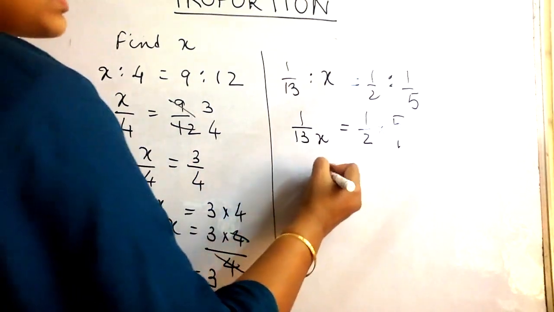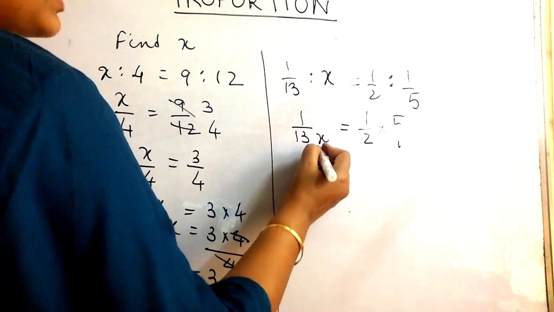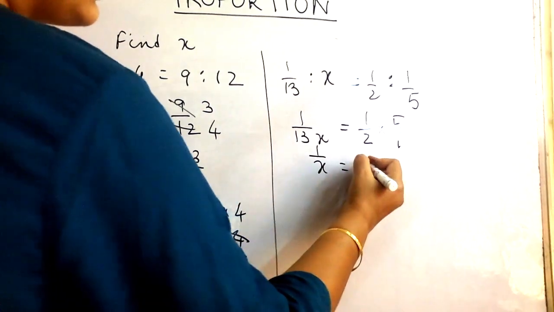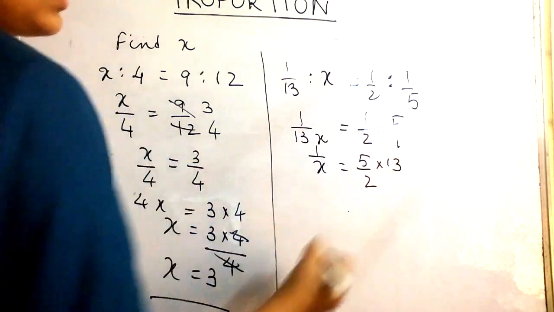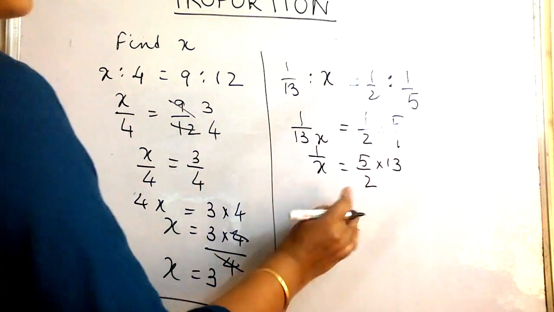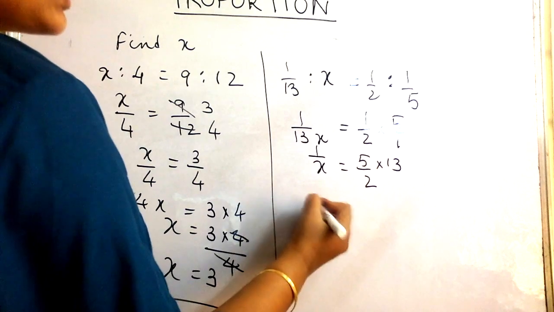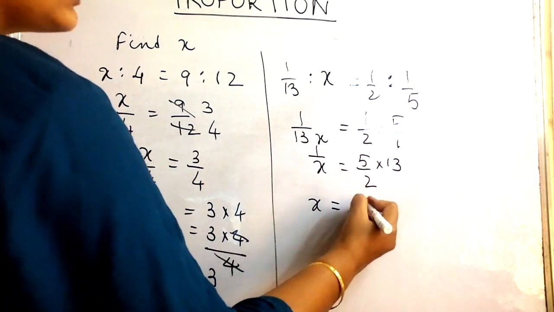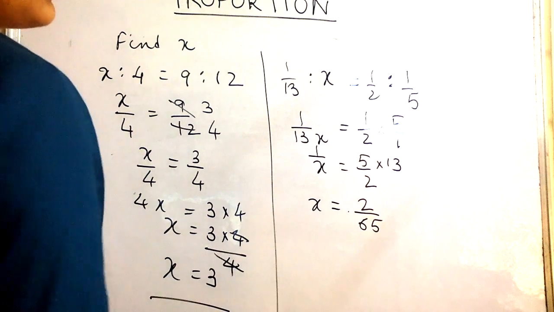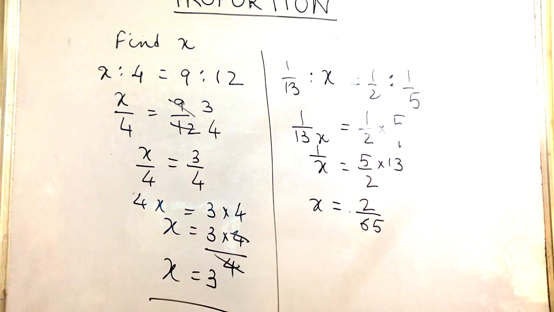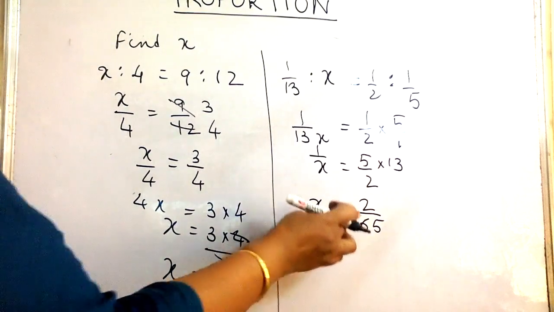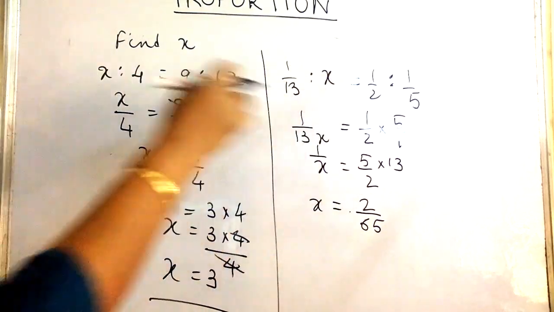So now, how much is x? I'll leave the x here, 1 by x is 5 by 2, and let me take the 13 up. Now if I do a reciprocal, even then I can find x, that is 2 by 65. So that is my value of x. The number is not a very good one, but because the question had all fractions, that is my answer. 2 by 65 is the value of x here.